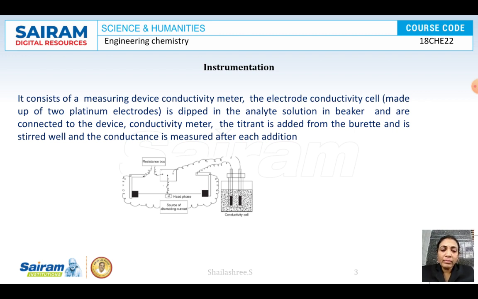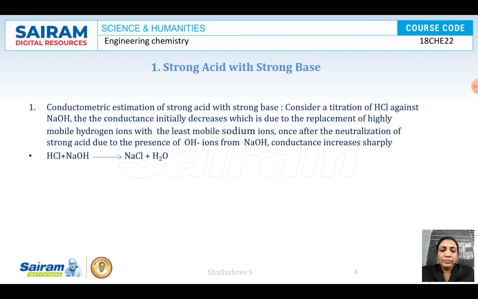Then we add the titrant from the burette, and after each addition we mix it well, stirring well, and measure the conductance after each addition of the standard solution added.